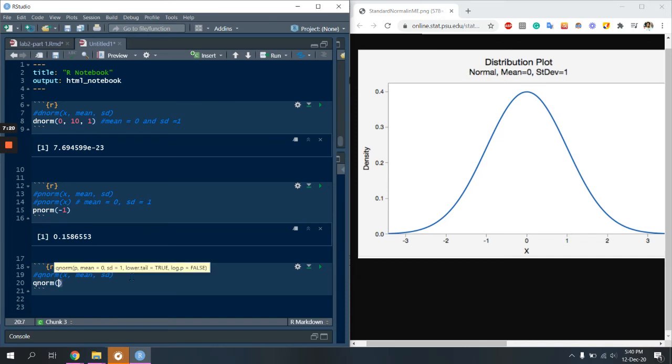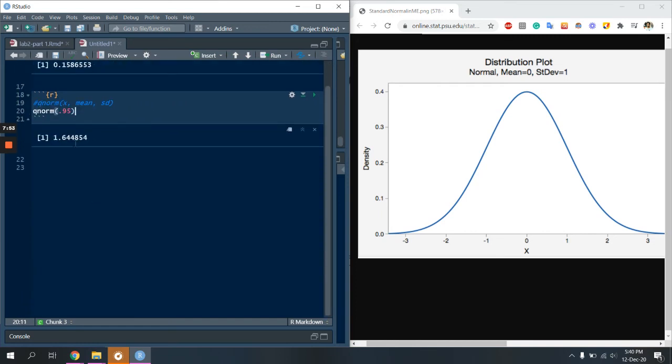In pnorm, we give the x value, and it shows how much data lies up to that point. In qnorm, we give the percentage. Suppose I want to know at which point of x I have 95% of data. So if I give 0.95, I want to know up to which value of x I have 95% of data.